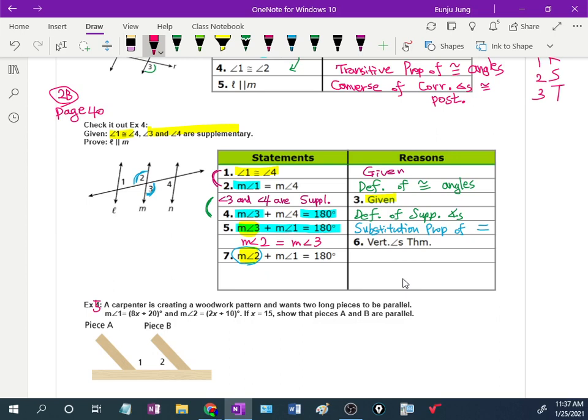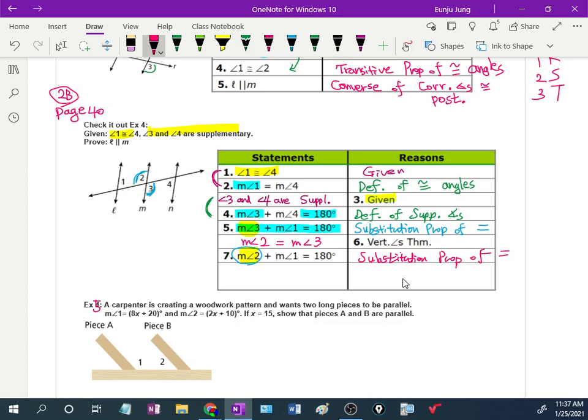I replace, right? So this will be, again, substitution property of equality.